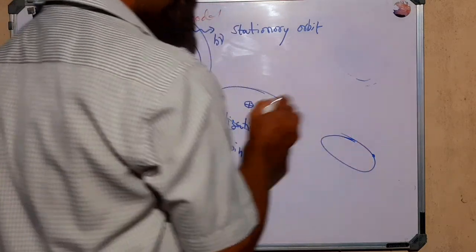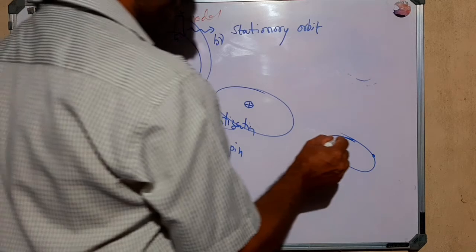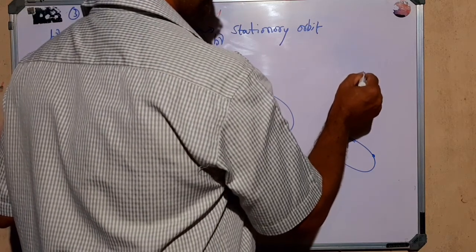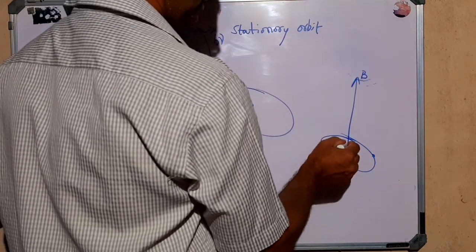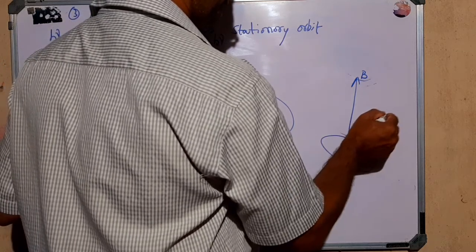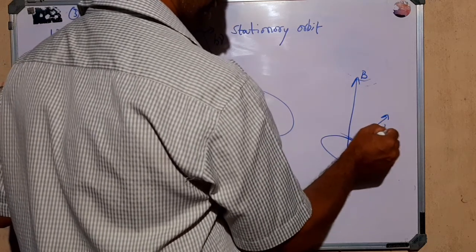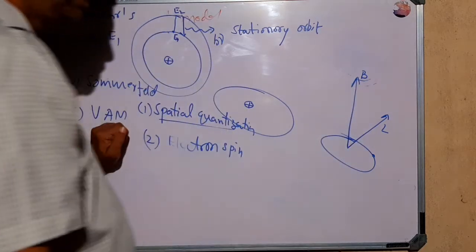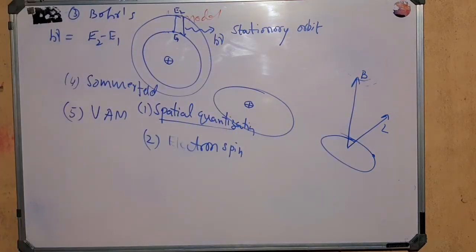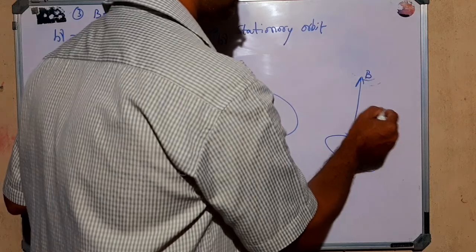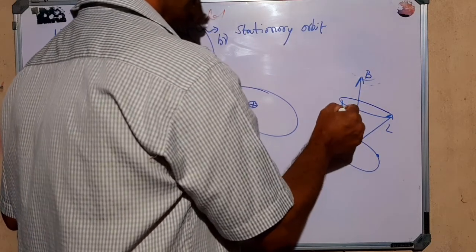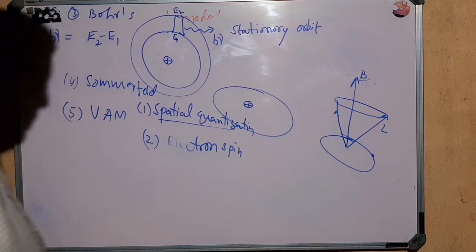When this is subjected to an external static magnetic field B, the angular momentum vector L starts to revolve around the direction of the magnetic field, and it creates an additional energy state.